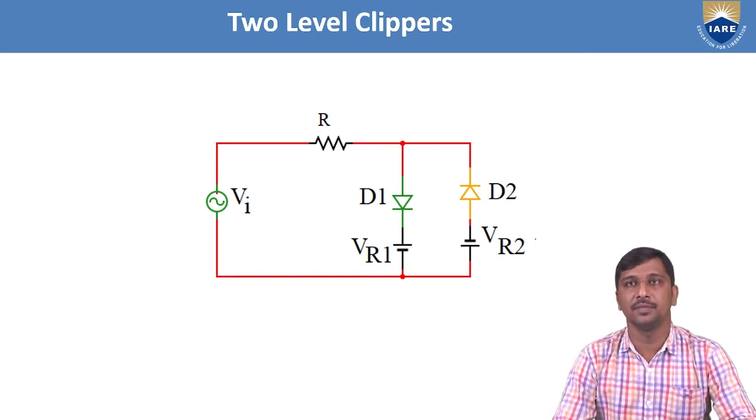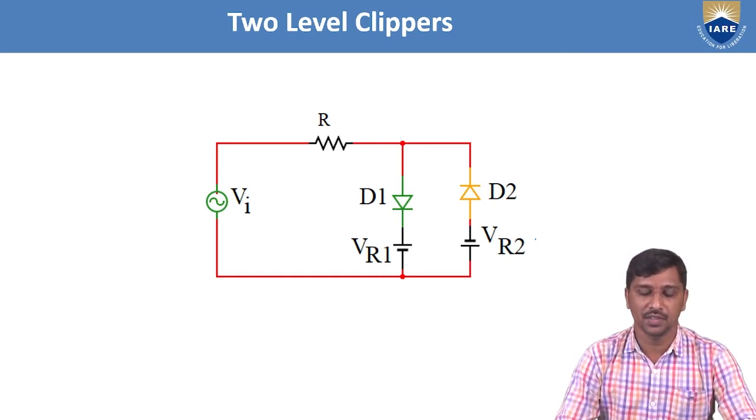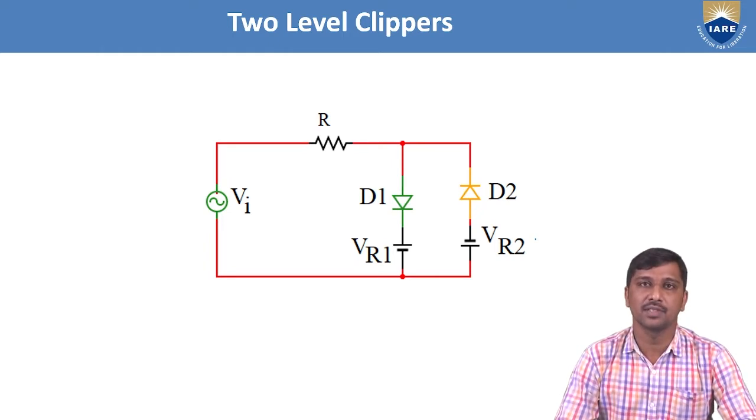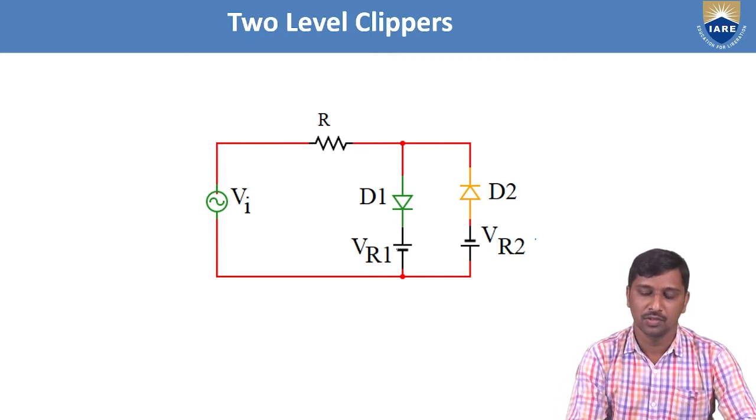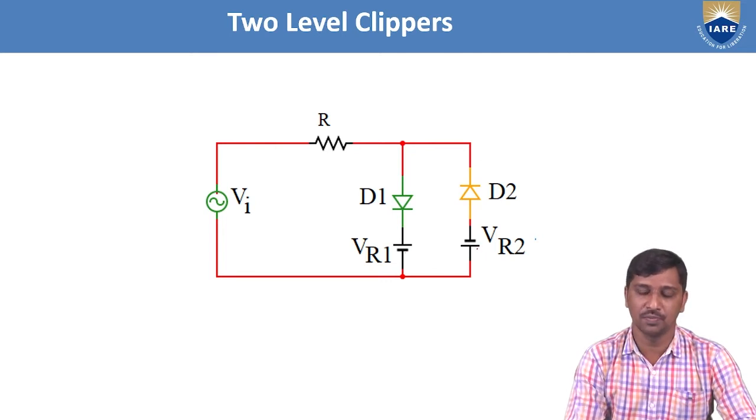Now, let us consider this two-level clipper. Here I use two types of clippers, a positive peak clipper as well as a negative peak clipper. If you remove VR1, VR2 and D2, with the D1 diode connected toward the ground potential, the circuit acts as a positive peak clipper.